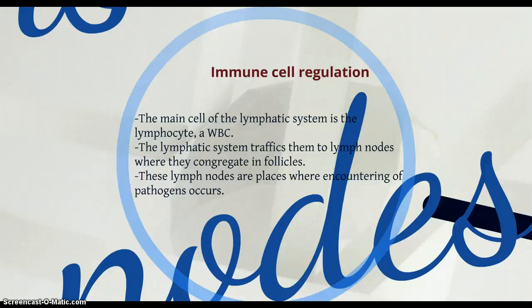If we had a picture of a lymph node, which I didn't put in my prezi right now, you'd see little white spots, and those are called lymphoid follicles, and that's where your white blood cells, your lymphocytes, and macrophages congregate. These lymph nodes are placed specifically in areas where pathogens are likely to be encountered.